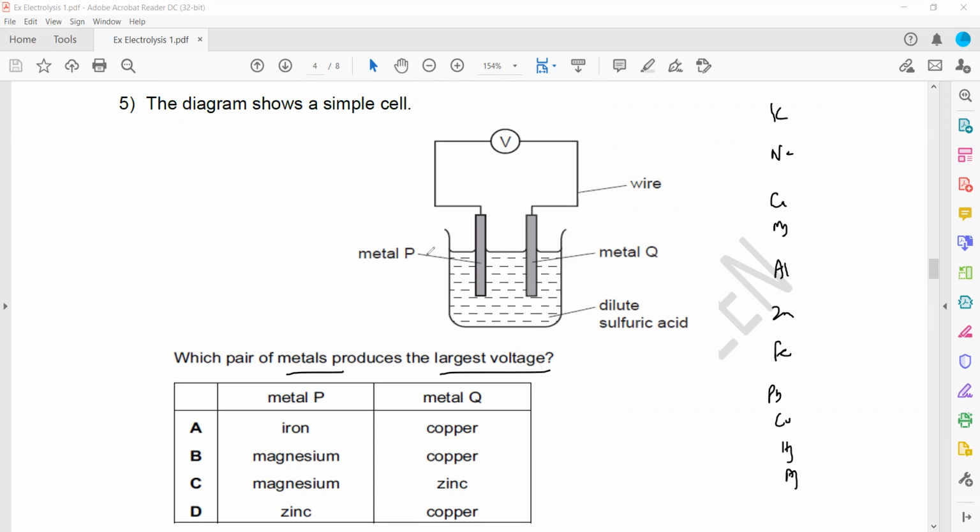So when we check iron and copper, magnesium and copper, magnesium and zinc, and copper. Magnesium and copper has the greater difference in reactivity compared to others. So that's why B will be the right answer.